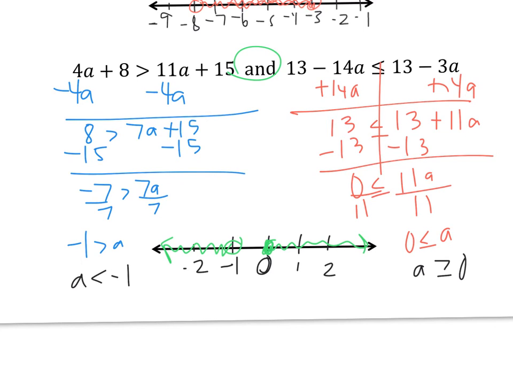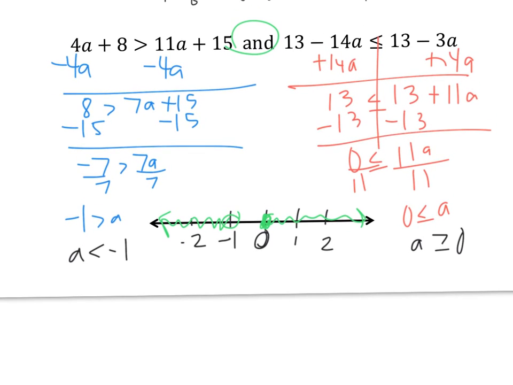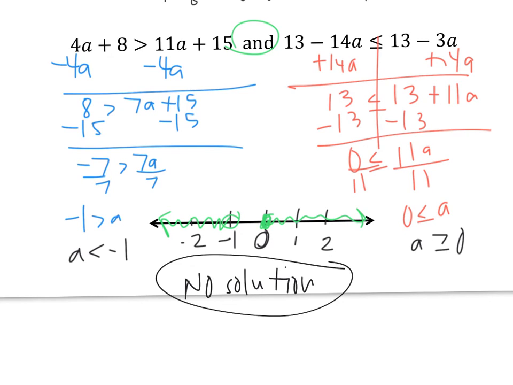If we have no overlap between the two inequality statements, then we do not have a solution. There are no numbers that go into both of these inequality statements. So we just write no solution, and we would have an empty graph as our answer. We wouldn't even fill it in.